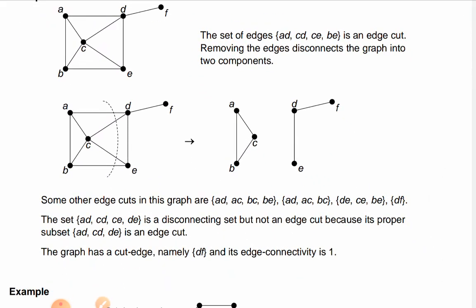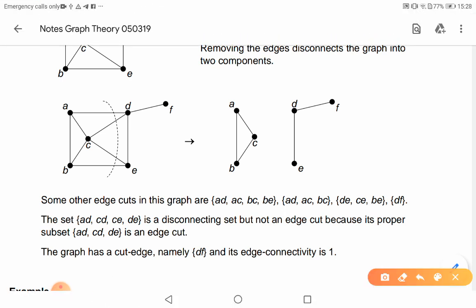Is there also another edge cut in this graph? Let us see the set AD, AC, BC, and BE. If you cut these, what graph do you get?